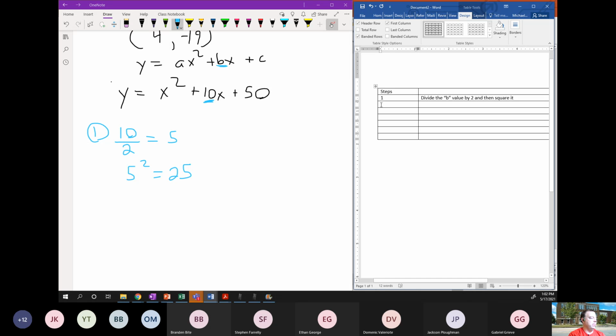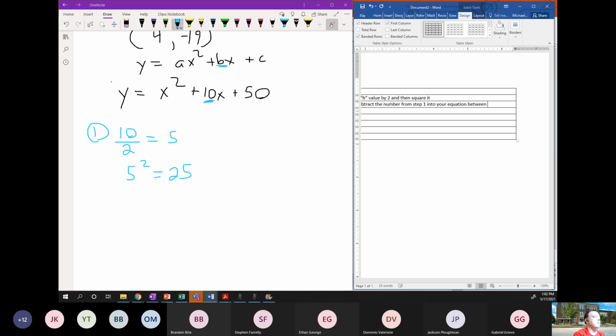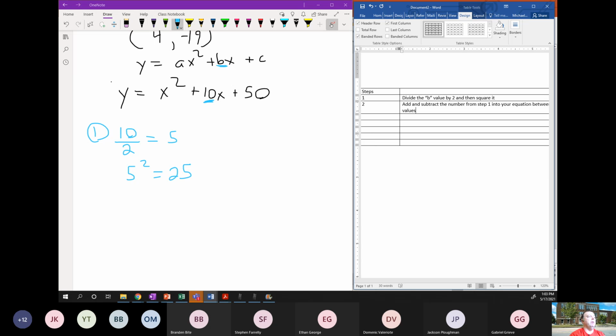So step two now, add and subtract the number from step one into your equation between the b and c. So what I mean by that is I want it to go in between here. Okay.